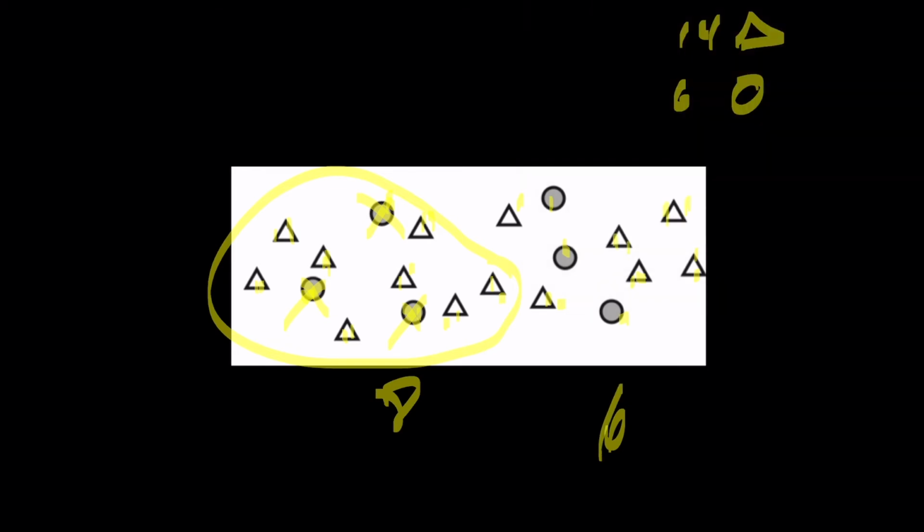Now I can estimate again, and I'm going to try 7. So I have 1, 2, 3, 4, 5, 6, 7 over here, 1, 2, 3, 4, 5, 6, 7 over there. So I can now say that I have a ratio of 7 triangles to 3 circles.